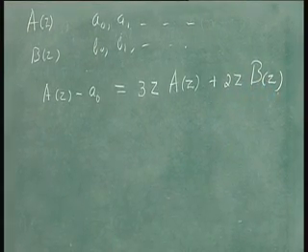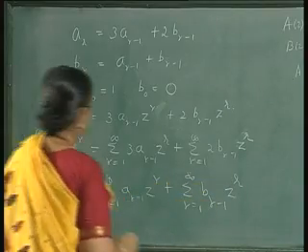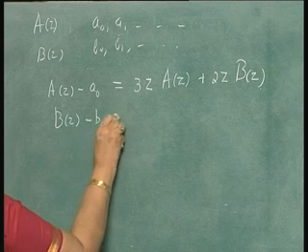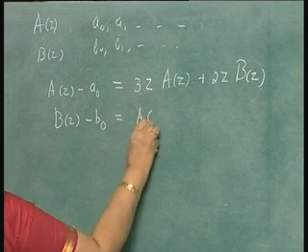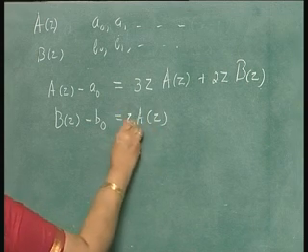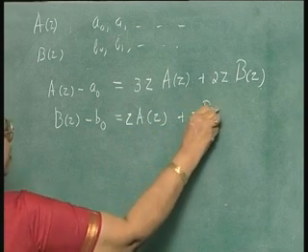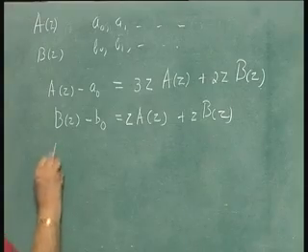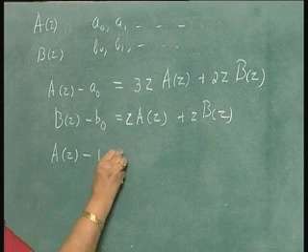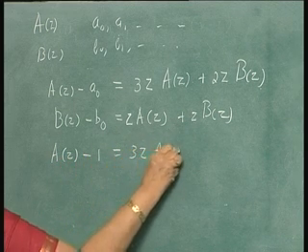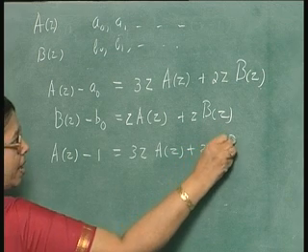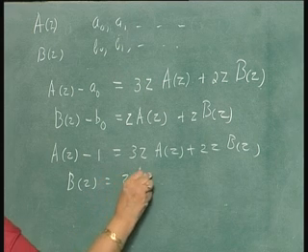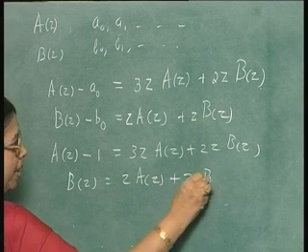And the second equation becomes B(z) minus b_0 equal to z A(z) plus z B(z). a_0 is 1 and b_0 is 0 by the initial condition. So, you have A(z) minus 1 is equal to 3z A(z) plus 2z B(z), and B(z) is equal to z A(z) plus z B(z).